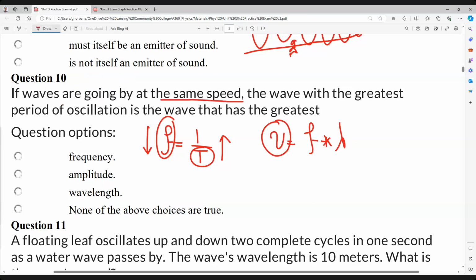When the frequency decreases, the wavelength should increase, because the greatest period is a smaller frequency. When we decrease the frequency, to keep the velocity constant we need to increase the wavelength. So what is the right answer then? Wavelength.